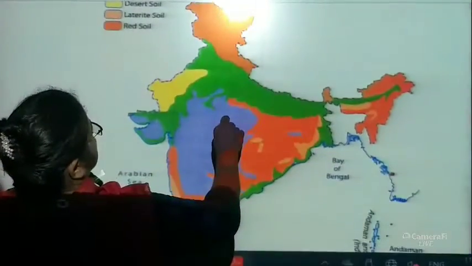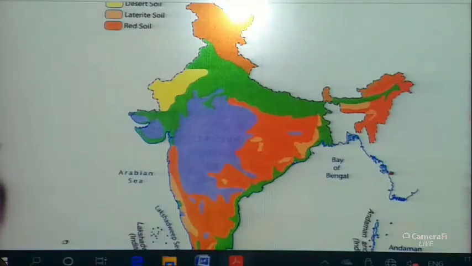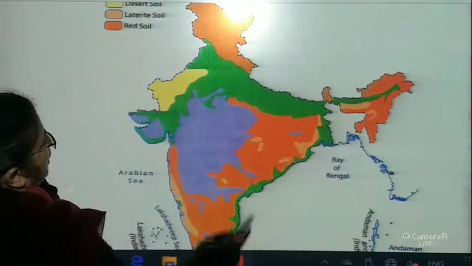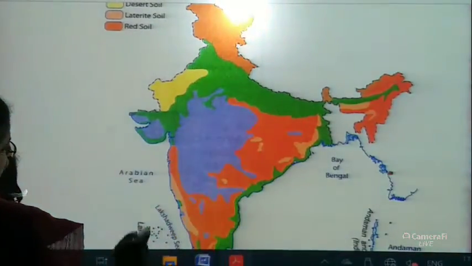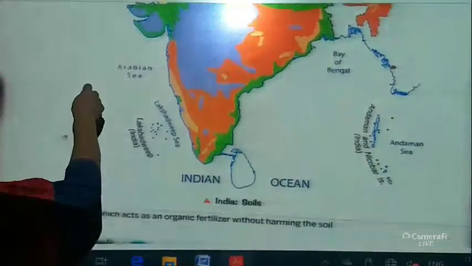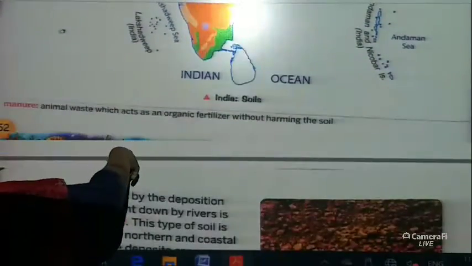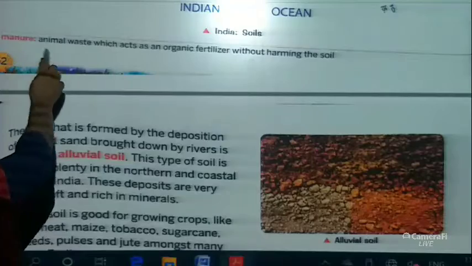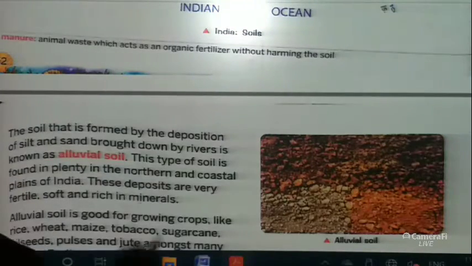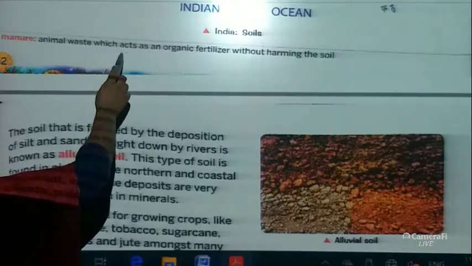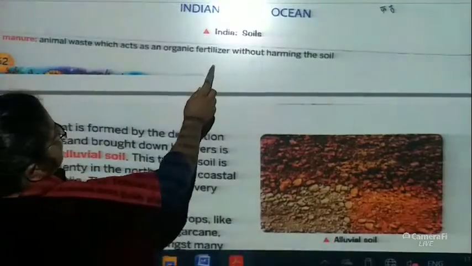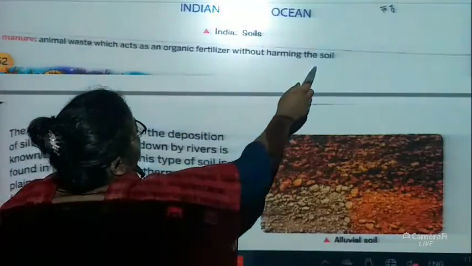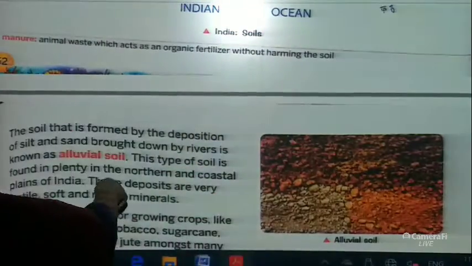Let's see. See, here is another picture. The green portion is the alluvial soil. Okay. See over here, it's written what is a manure? Animal waste which acts as an organic fertilizer without harming the soil. Okay.